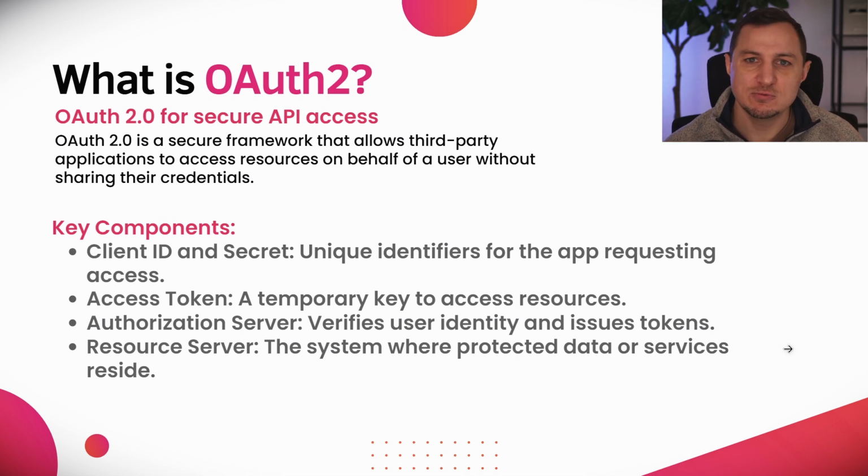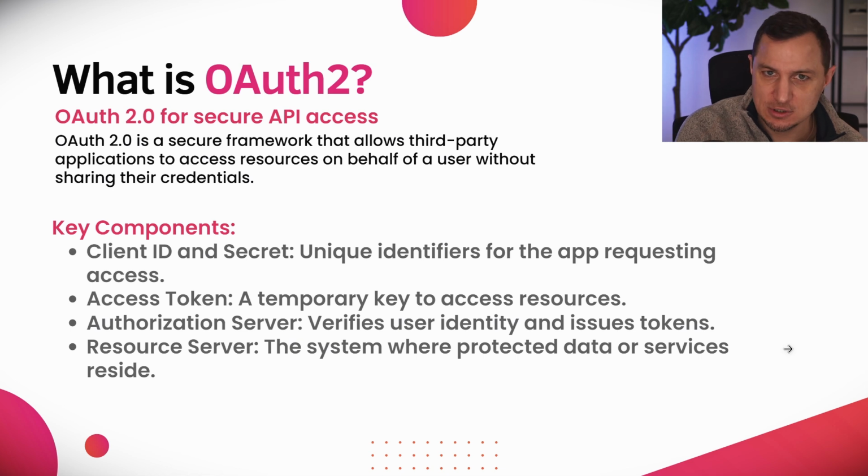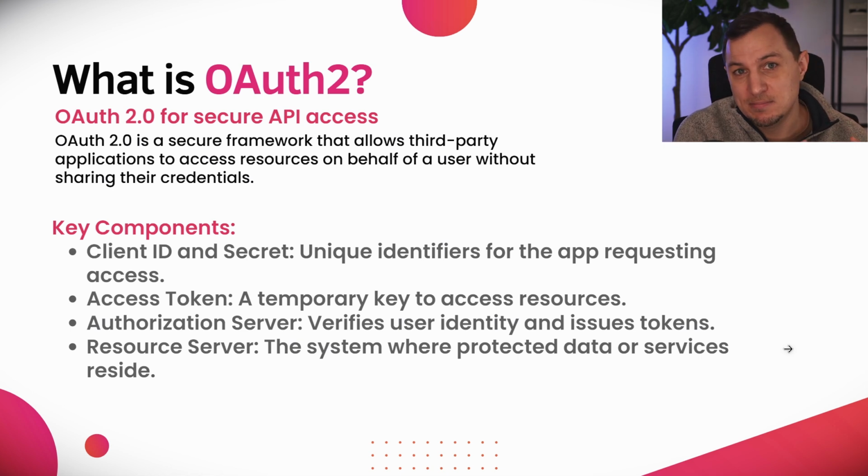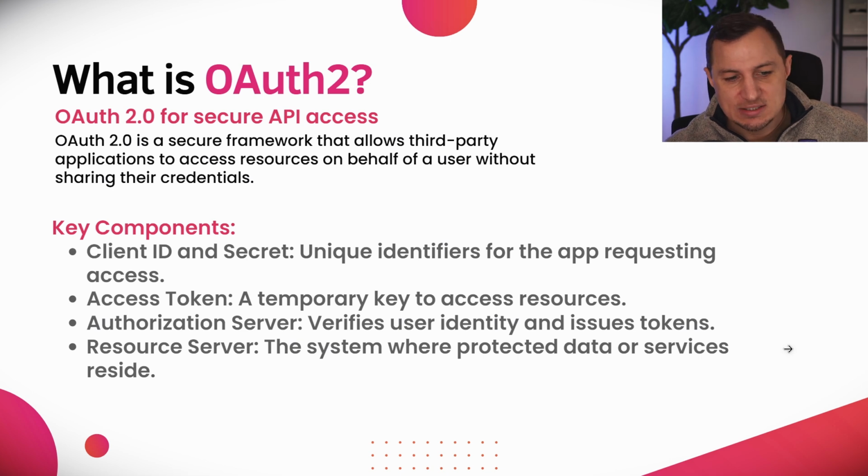Some key components that we need to look at are the client ID and the secret, which are unique identifiers for the app requesting access. Let's say our make.com app, our scenario, is trying to access an API. We need to have a client ID and a secret, which are specific to our make.com application. Then there is this thing called access token, which is a temporary key to access resources.